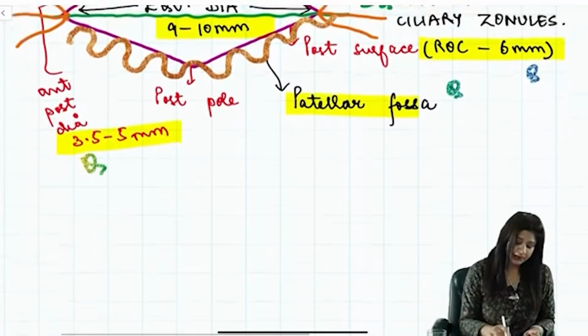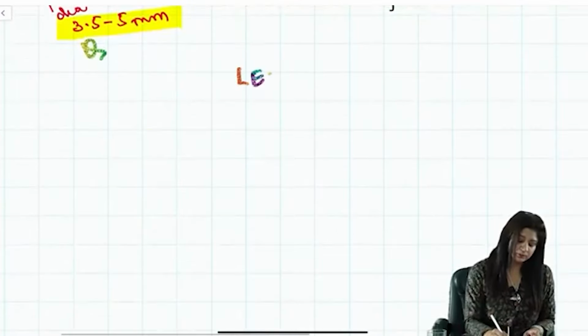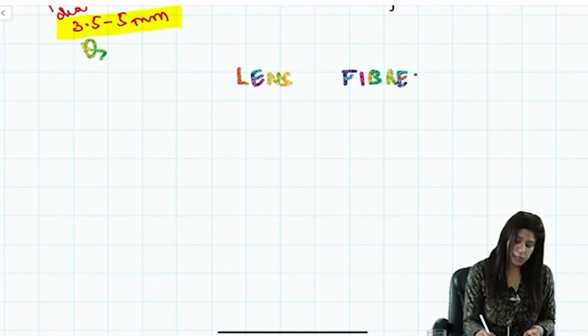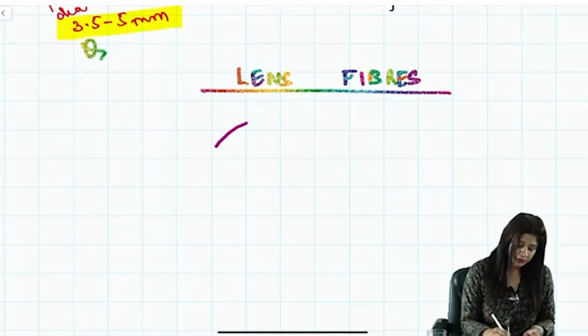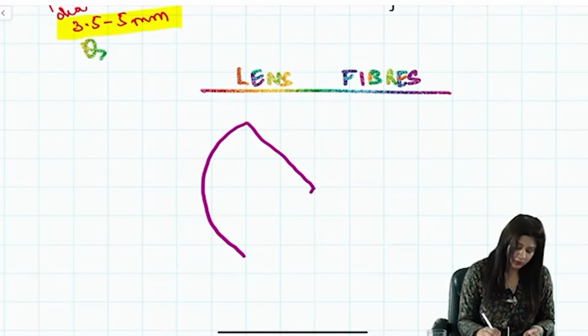Now the lens fibers. So if I draw the lens, it was like this. Look.